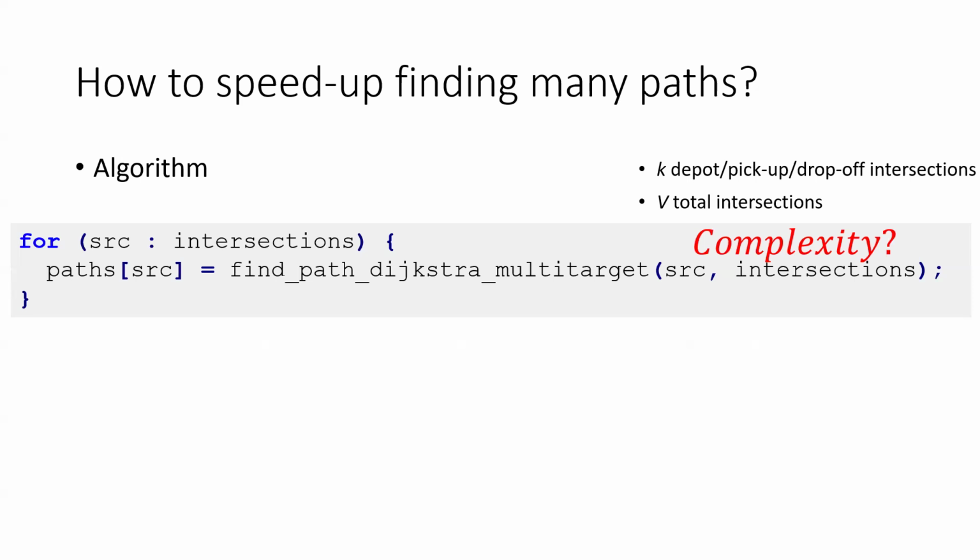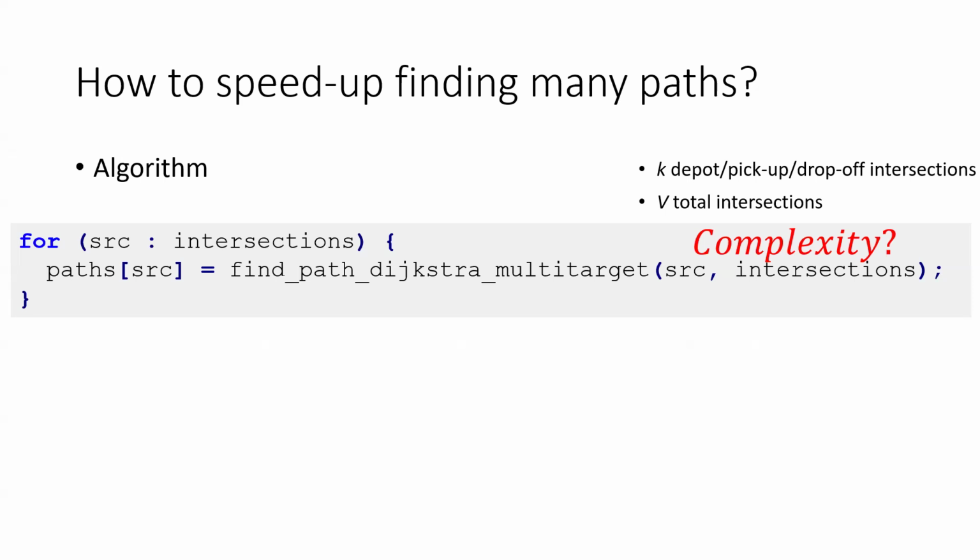So what is the complexity for this? So we're looping only for the sources, and in each time we are calling multi-destination Dijkstra.